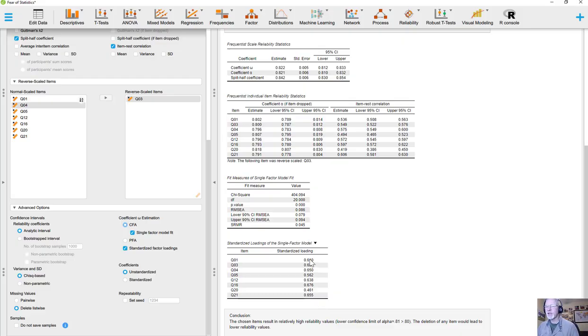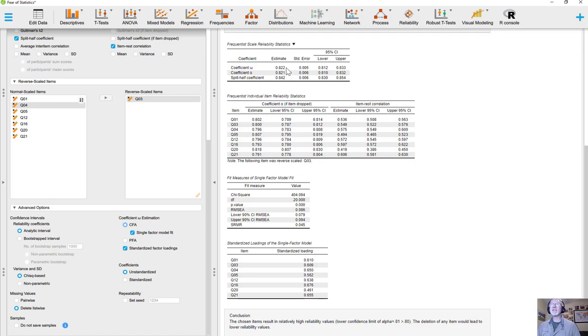These loadings do look fairly equal to one another. And so that would suggest that the assumption of tau equivalence, it's not a formal test, I'm guessing, would be met. And when that assumption is met, then coefficient alpha should become approximately equal to coefficient omega, and that is what you are seeing.